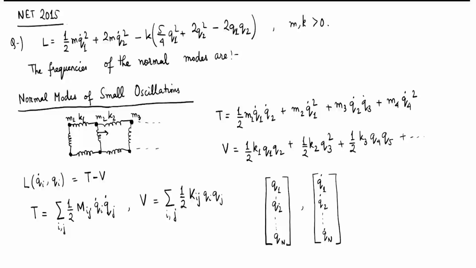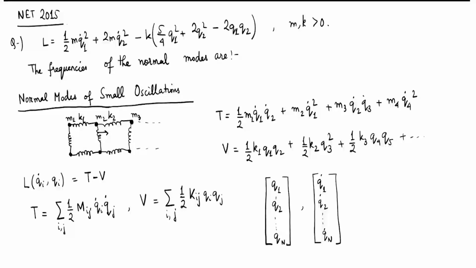So this is a vector which contains all the generalized coordinates of the n particle system, and this is a column vector which contains all the generalized velocities of this n particle system.